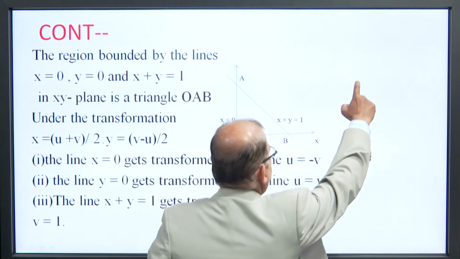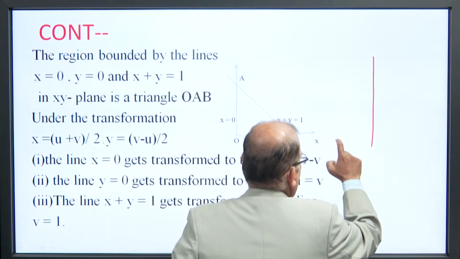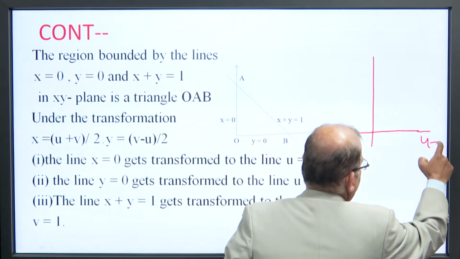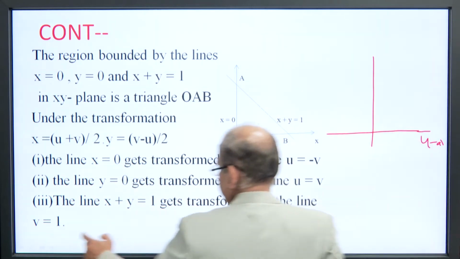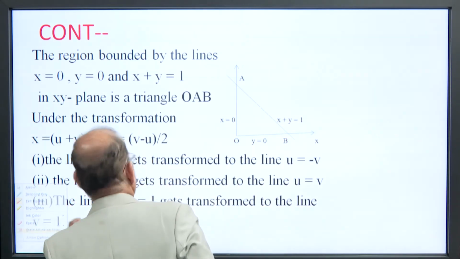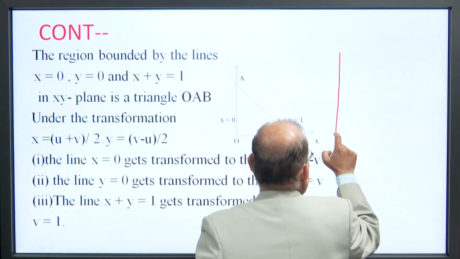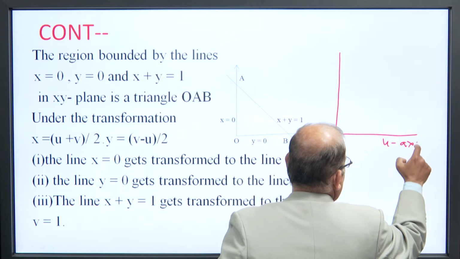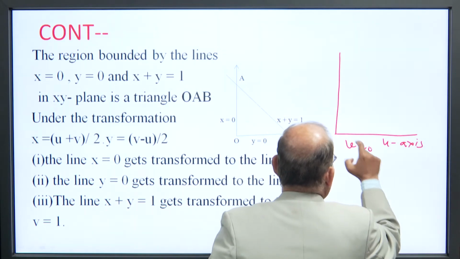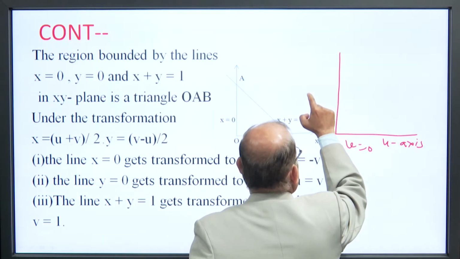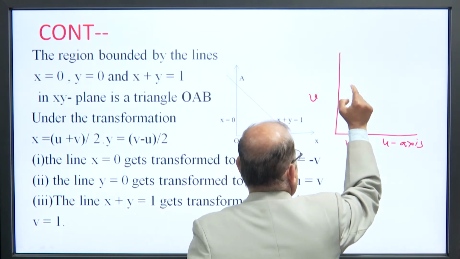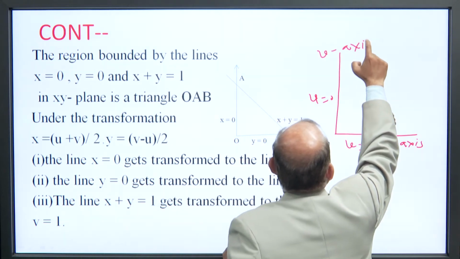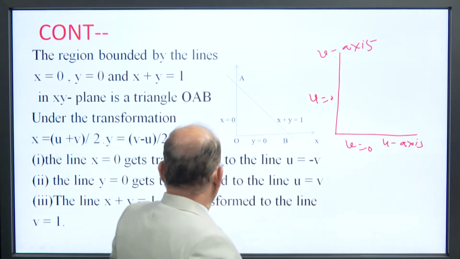Here, the transformed axes: this is the u axis, where v is equal to 0, and this is the v axis, where u is equal to 0.